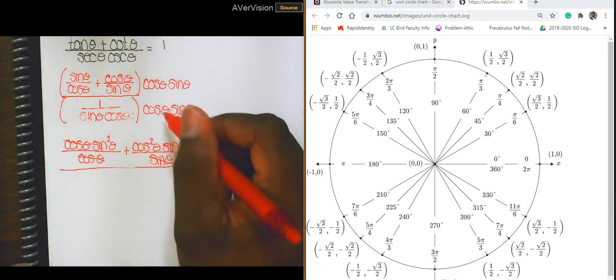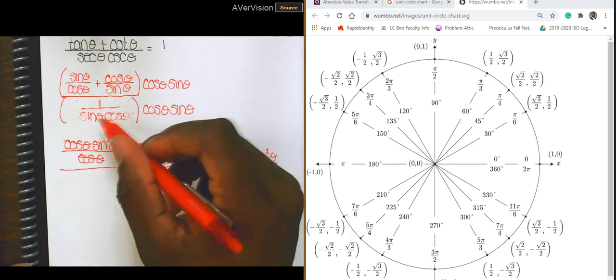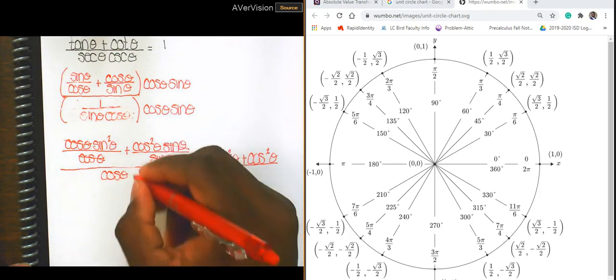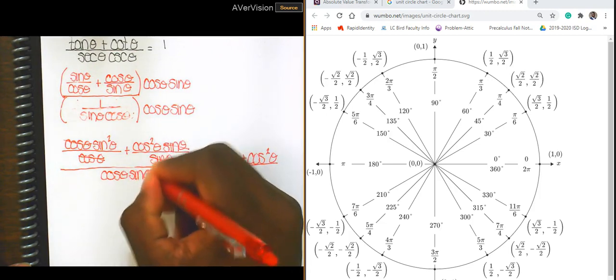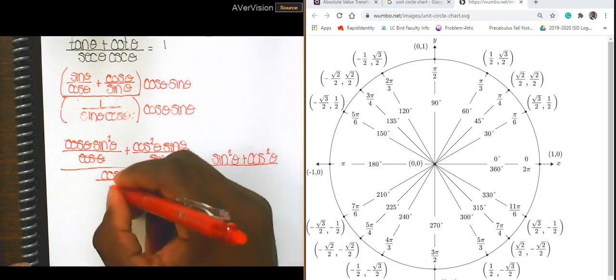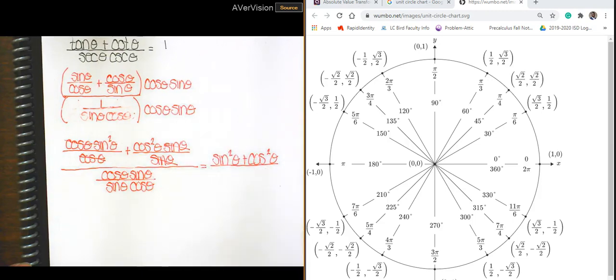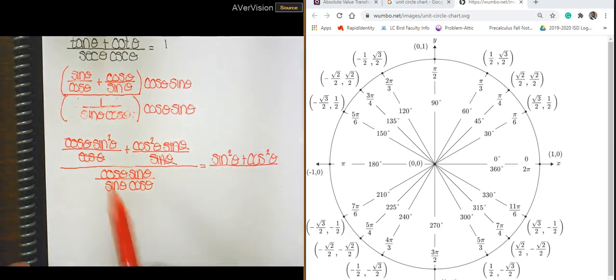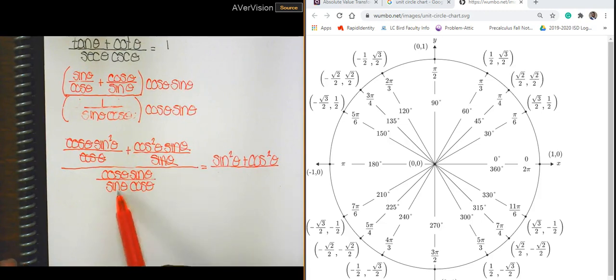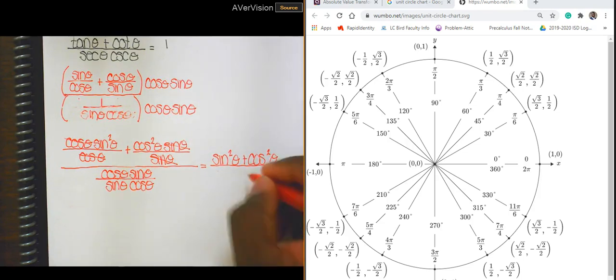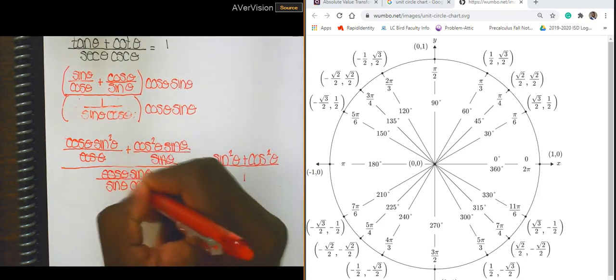All right. So if we multiply this by cosine and sine, what happens? What is cosine sine divided by sine cosine? They cancel out.